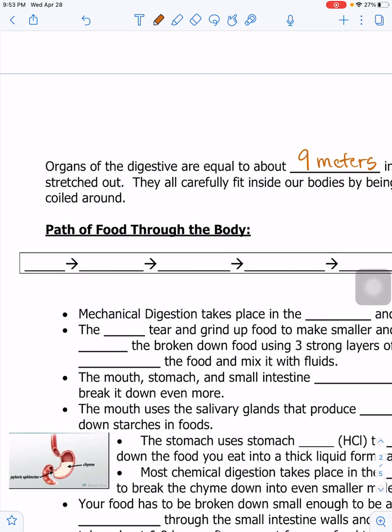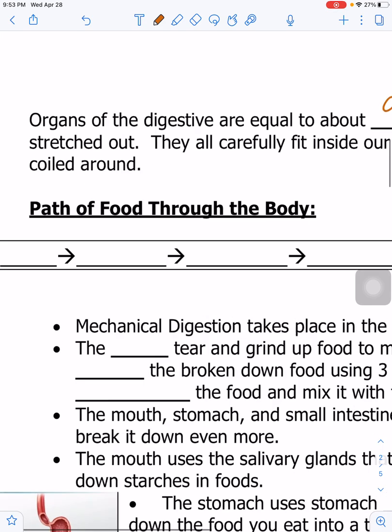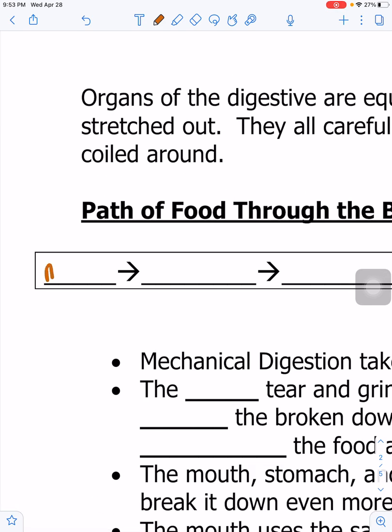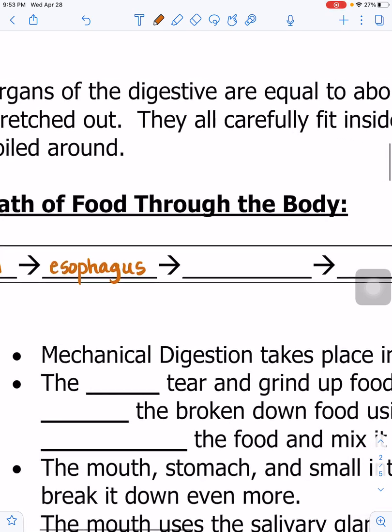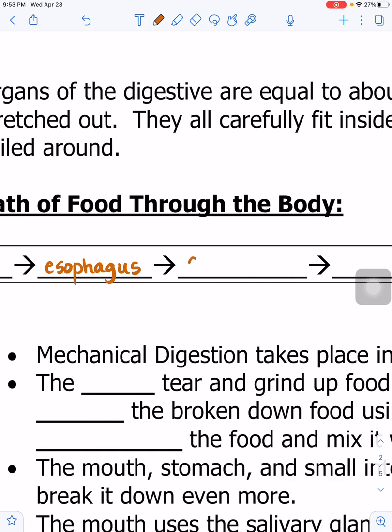So let's do the path of food through the body, how the food is actually moving through your body. These are the body parts that it will actually pass through. First of all, it starts in your mouth. Then it goes down the esophagus. That's your food tube. In that process, again, that food is pushed and squeezed down with muscle contractions called peristalsis. And that's in the esophagus. Then the food's going to go to the stomach.